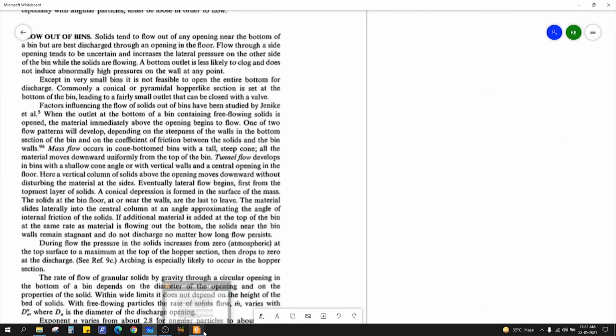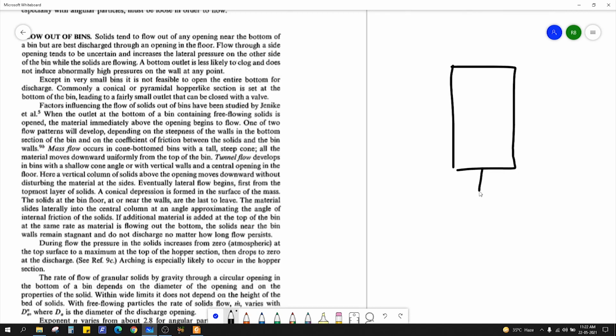Now you have stored the solid inside a bin. Suppose you want to take out the solid. How will you take it out? Definitely there is some opening at the bottom, so you can take it out from the bottom opening.